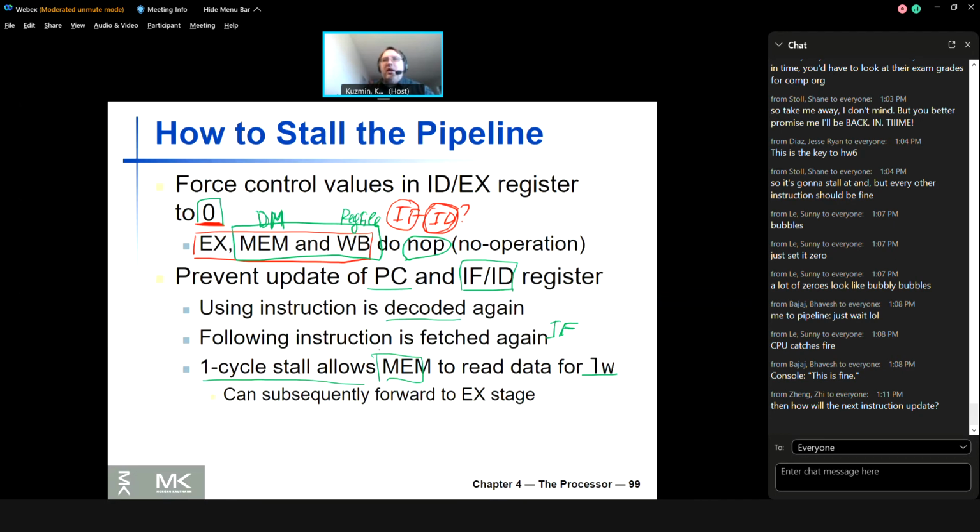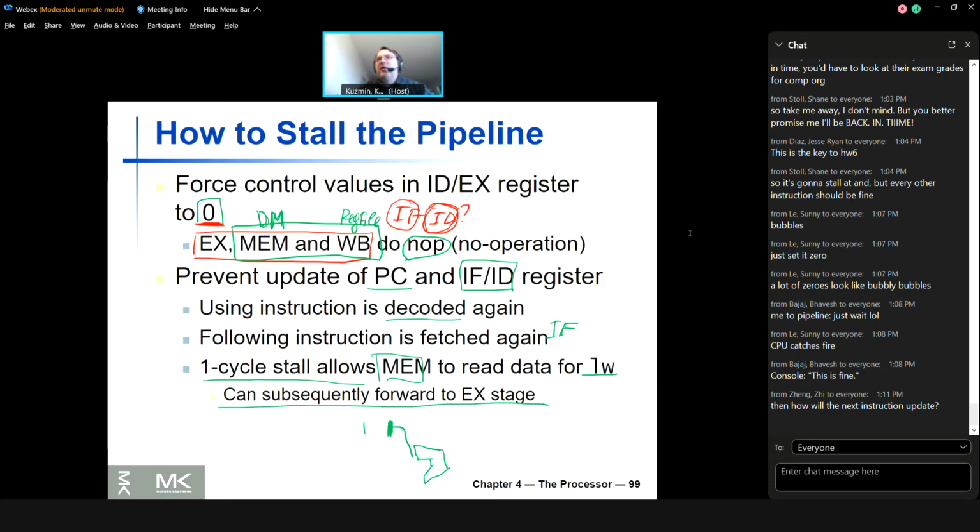And of course, we subsequently can forward to the EX stage. Once we've read from memory, we got the value, and then we can forward it to our ALU, so that we are avoiding the second stall. But one stall we cannot avoid.